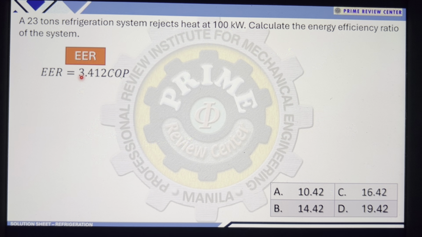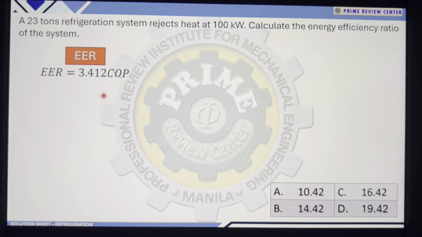So in electrical units kasi, yung COP hindi nila masyadong nare-relate in terms of electrical power, di ba? So in order to relate thermal unit ng heat sa electrical power, they use some kind of conversion. So and basically that's just conversion factors. Anyway, ang point natin dito is that EER is the same as COP, and we'll just multiply some factor which is 3.41.